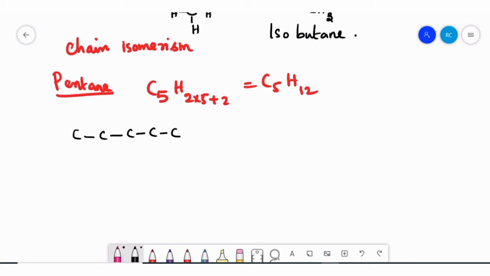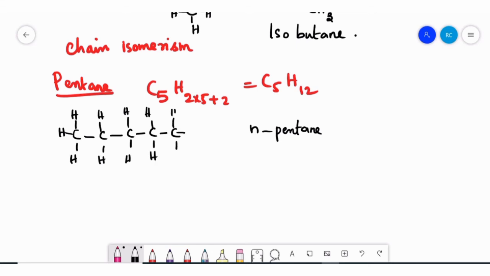In this structure, all the carbon atoms are in a straight chain. This is normal pentane, N for normal. For the remaining part you add hydrogen: the middle carbon atoms get 2 hydrogens, and the end carbon atoms get 3 hydrogen atoms.